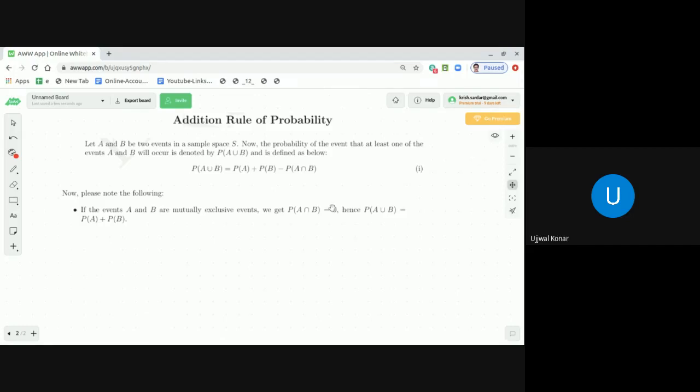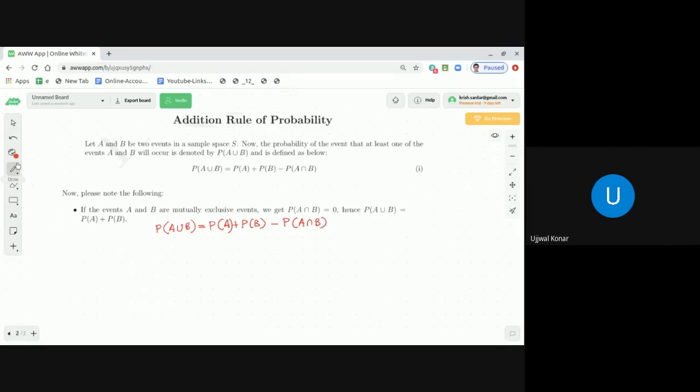And in that case, probability of A union B turns out to be probability of A plus probability of B. How? Because we know that probability of A union B is equal to probability of A plus probability of B minus probability of A intersection B.